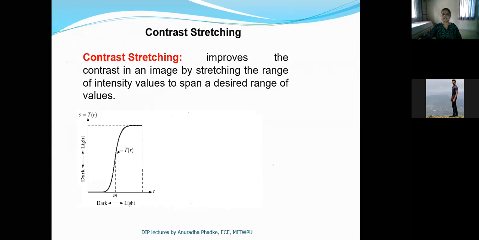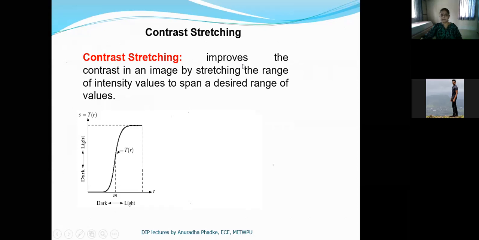If you capture an image in the dark, you get a dark image which has very low contrast. Similarly, if your object is over illuminated, the captured image also has low contrast. To improve or stretch the contrast, we can use one of the point processing techniques, and the technique is named contrast stretching.